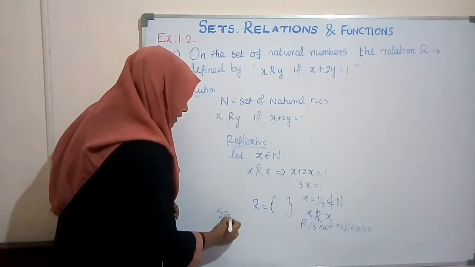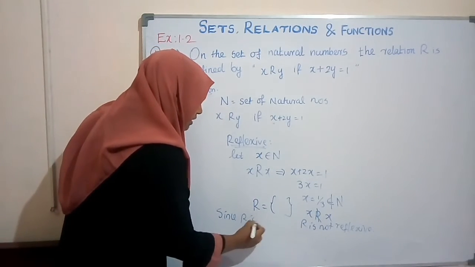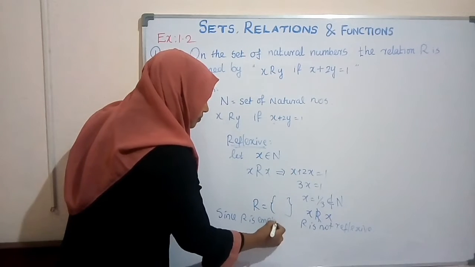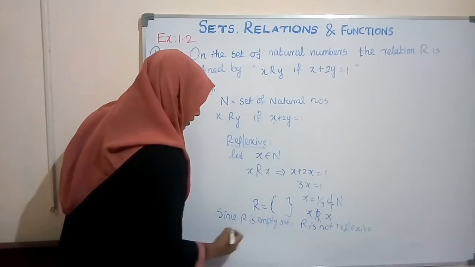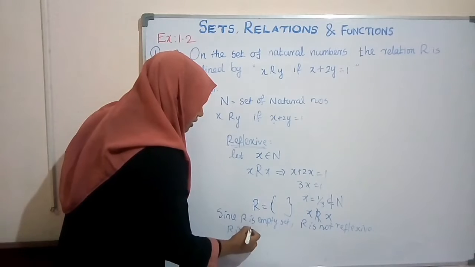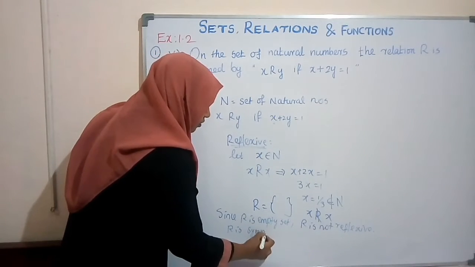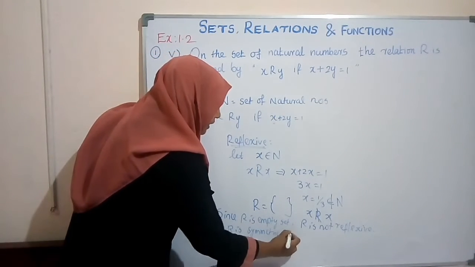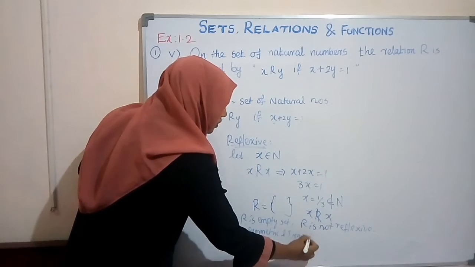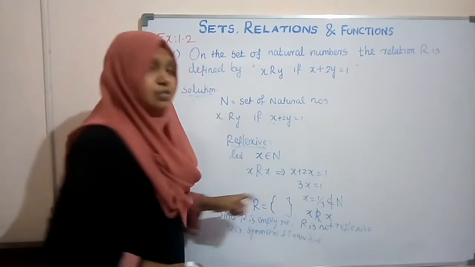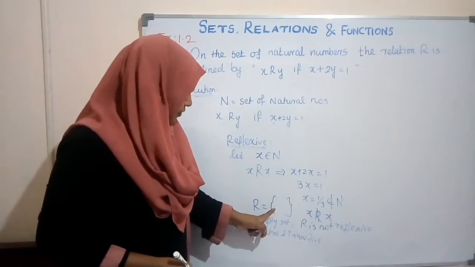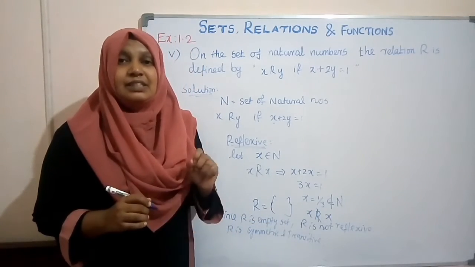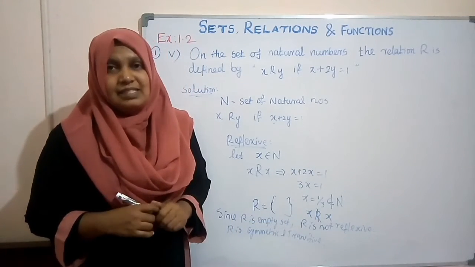So you have to write the reason. Since R is empty set, R is symmetric and transitive. Okay, but it is not reflexive. If it is an empty set, we can write it is symmetric and transitive alone.